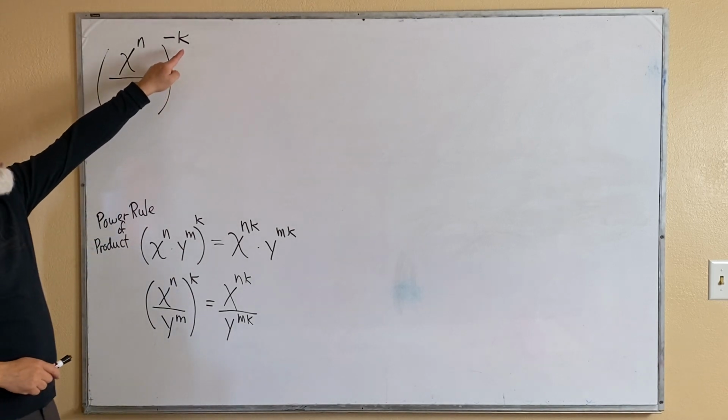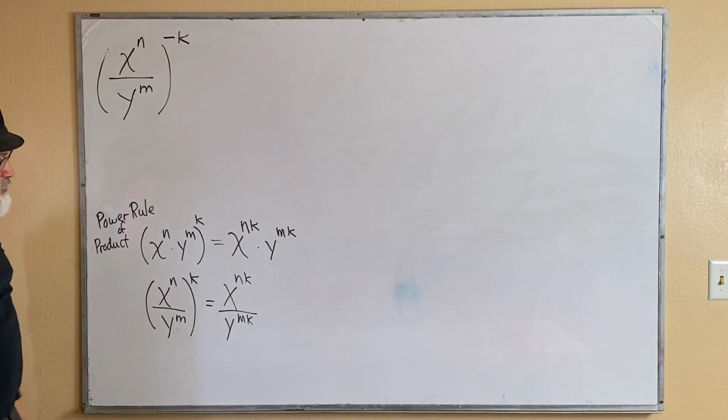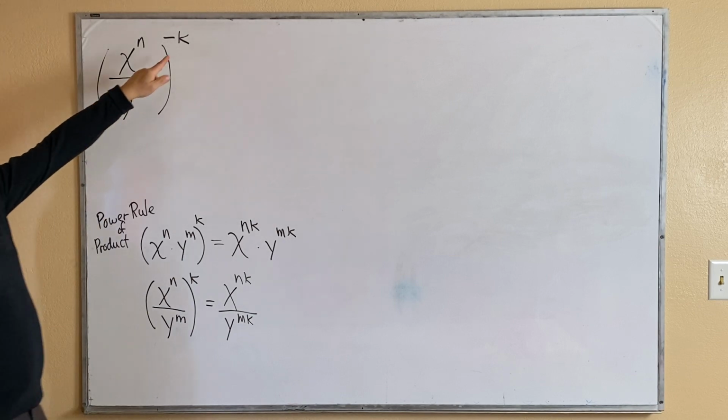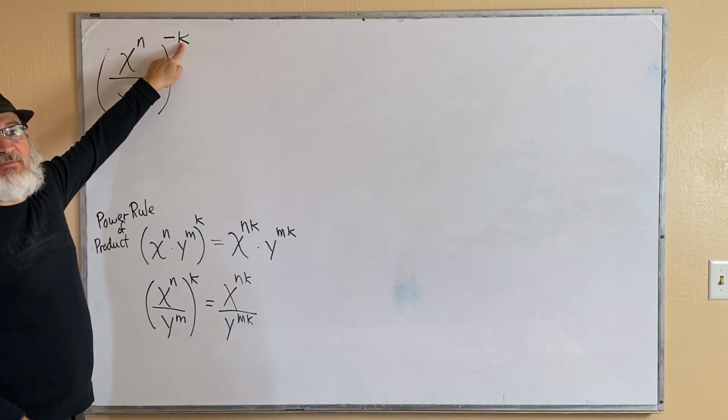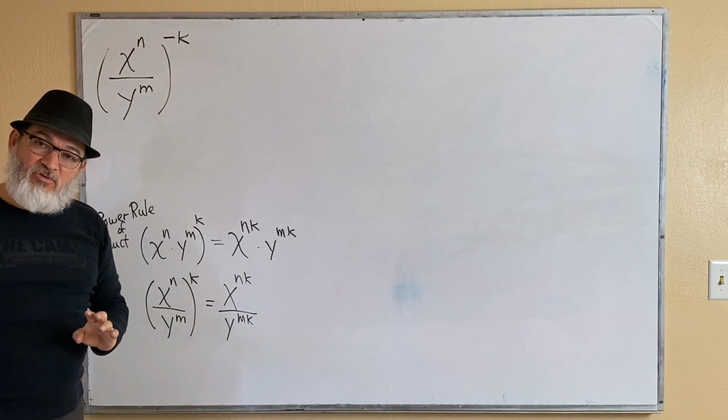Sorry about that, it's better like this. This is still a power of the quotient, okay? No problem. Whenever this power, the roof, is negative, this is what you're going to do.